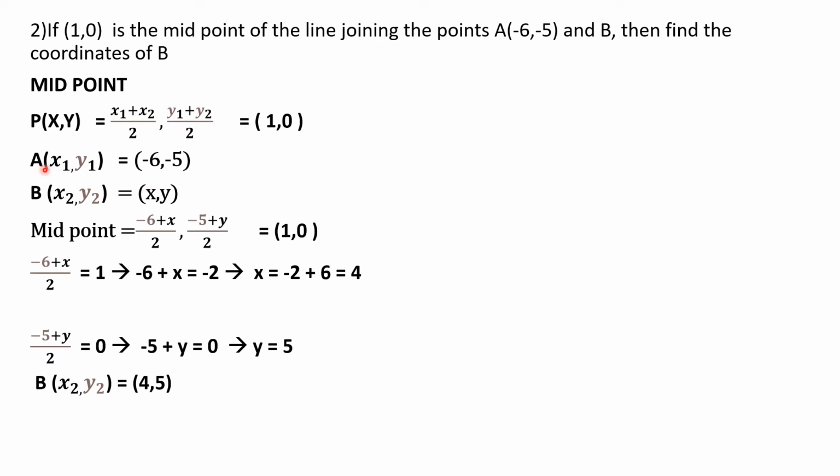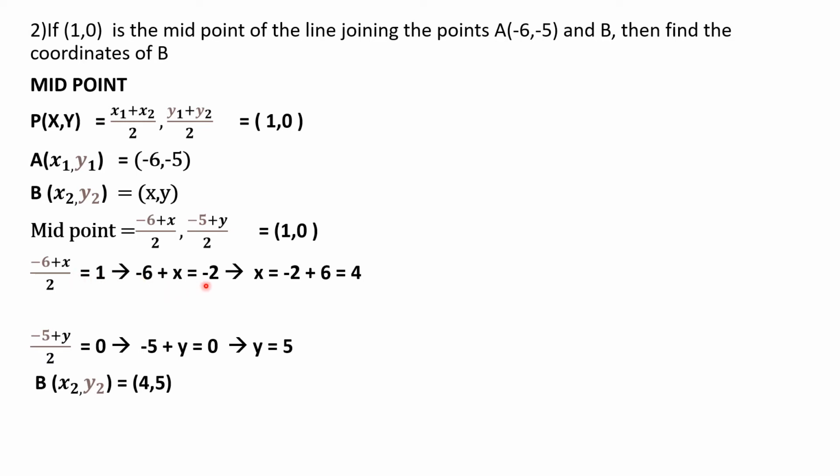And they have given the coordinates of A (x1, y1) as (-6, -5), and B (x2, y2) is (x, y). So (-6 + x)/2 equal to 1 and (-5 + y)/2 equal to 0. So when you equate this to 1, this 2 will go as multiplication.